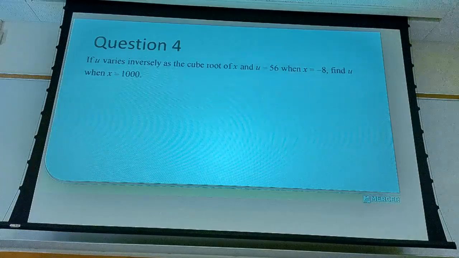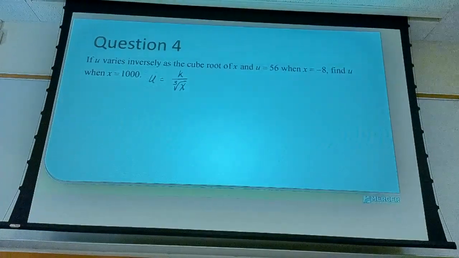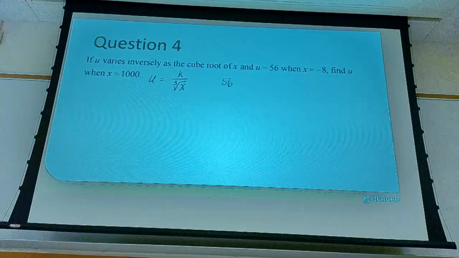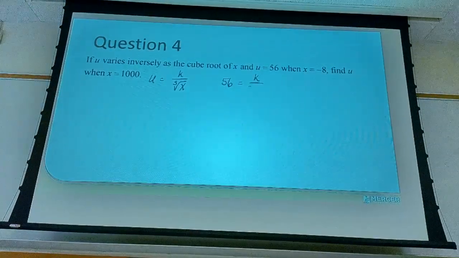U varies inversely as the cube root of x. U is 56 when x is -8.